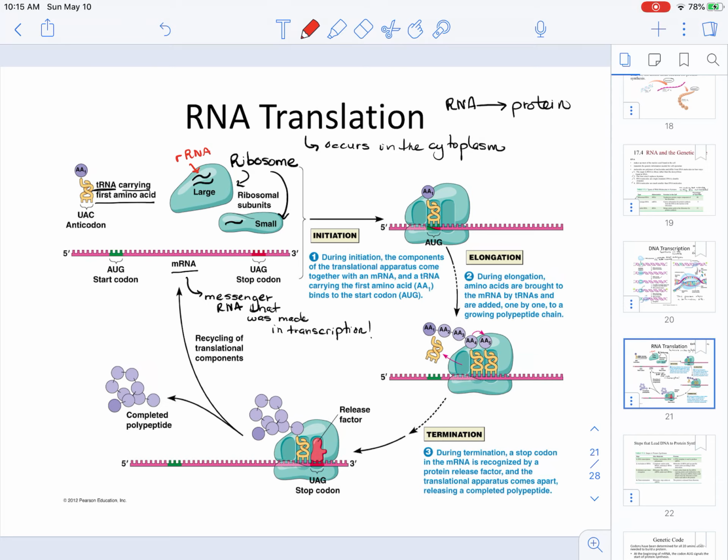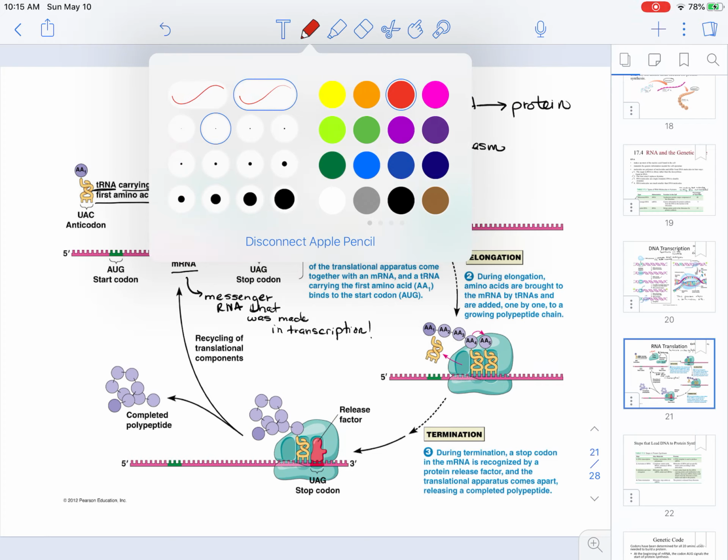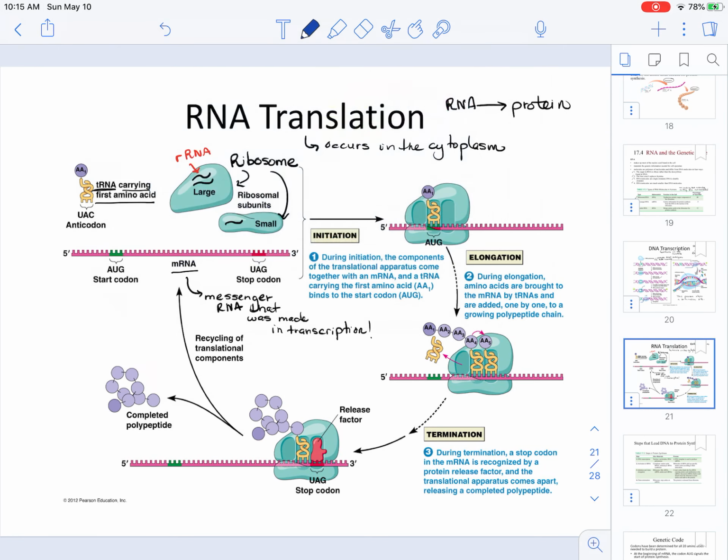Specifically, the first amino acid that is always incorporated onto a protein is going to be methionine. Because as we're going to see in the genetic code, that is the start site for all protein synthesis.